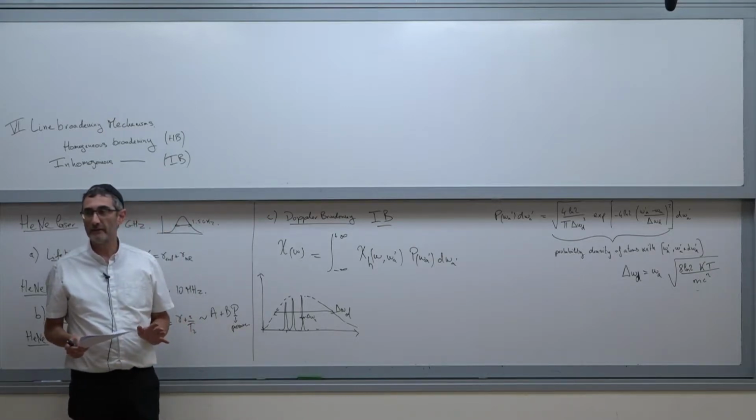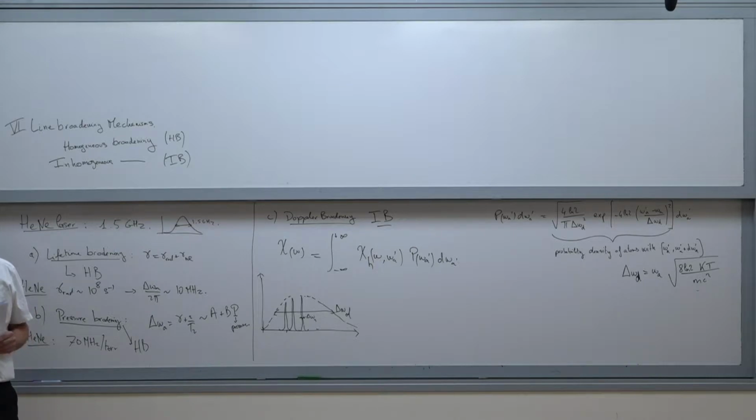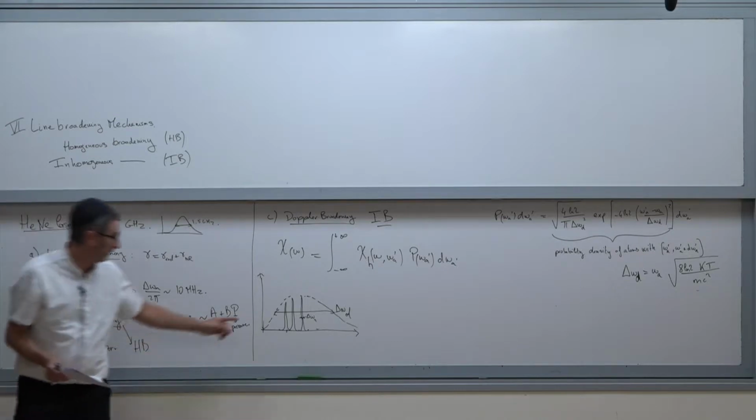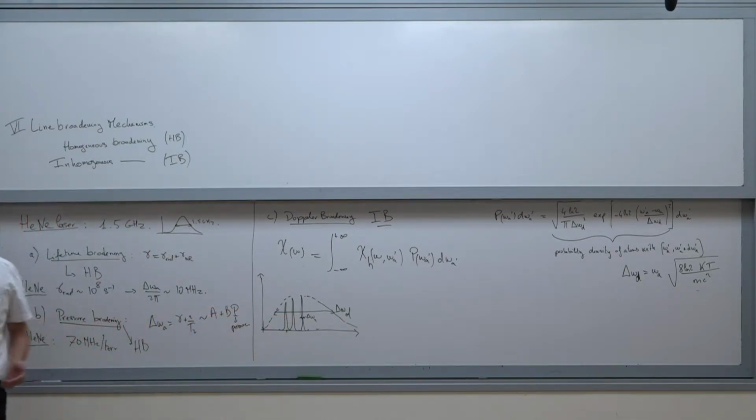Okay, you follow me? Any question? It's clear? So the idea is that for atoms which are very close to each other in terms of central frequency, I can consider an individual homogeneous line width, and I will sum them.